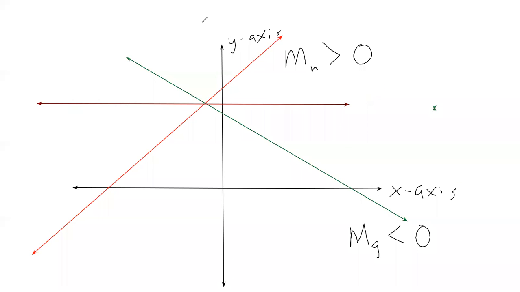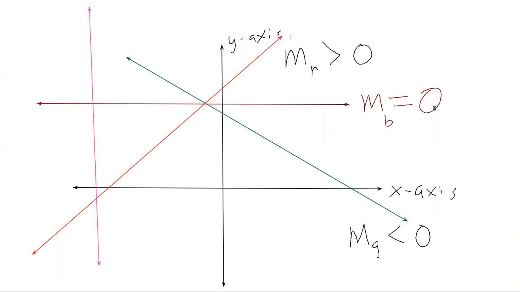Okay. So in this case, M is equal to 0. Maybe I should label that something or another. Brown, burgundy. I'll go with B. M sub B.